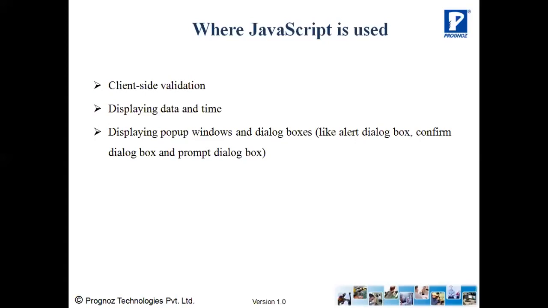The third one is, if you want to display some alert or dialog boxes, then in JavaScript they have given three different types of dialog boxes which we can use in our website. There is an alert dialog box, a confirm dialog box, and a prompt dialog box.